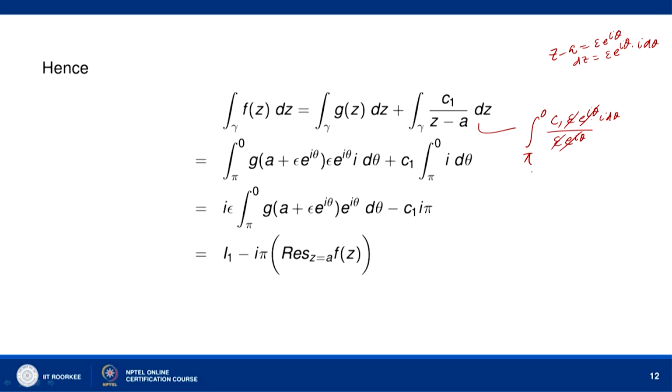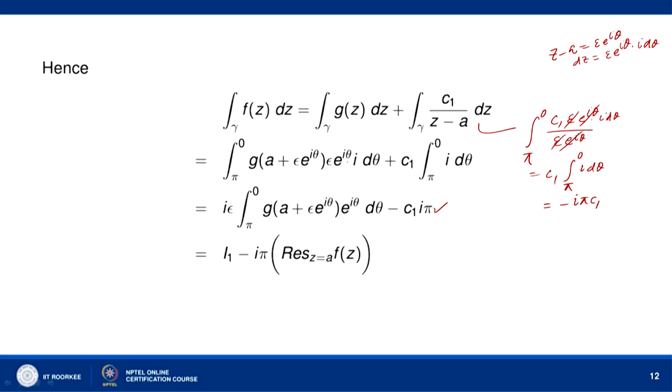So, we get c1 times the integral from pi to 0 of i d theta, which is minus i pi into c1. So, minus i pi c1.